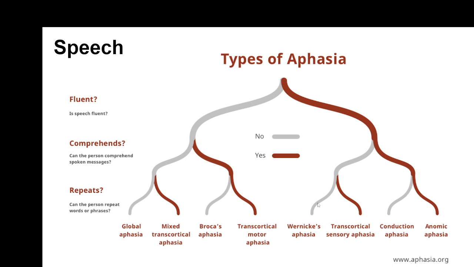Similarly, there is a transcortical sensory aphasia, where the person is not able to sense the sounds, so he is not able to comprehend, can speak fluently and also can repeat the words; that's the transcortical, where the sensation is affected. Wernicke's aphasia is when the patient is able to speak fluently, but speaks irrelevantly, and is not able to repeat the word which is uttered. That often is related to psychiatric conditions.